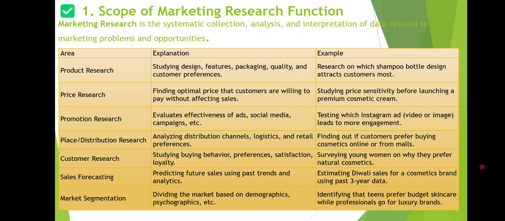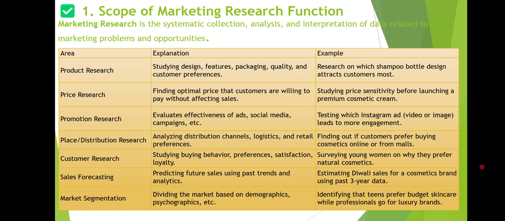And second area where we can also do marketing research is price research, finding the optimal price that customers are willing to pay without affecting sales. For example, studying price sensitivity before launching a premium cosmetic cream. Other area we have promotion research.